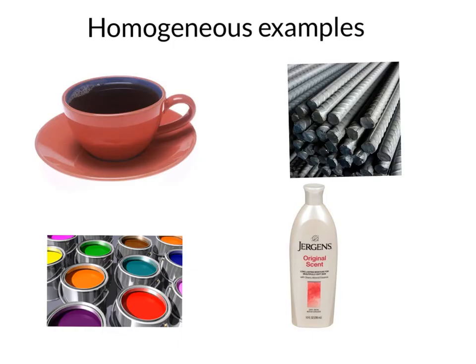Here's some pictures of the homogeneous examples. This is coffee. That is a mixture. It's water with coffee grounds that had water run through it. So yeah, there might be a couple little chunks down here, but probably not. This is homogeneous. It looks the same throughout. This is steel.